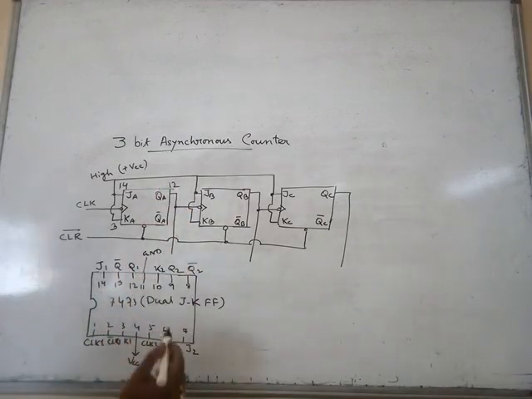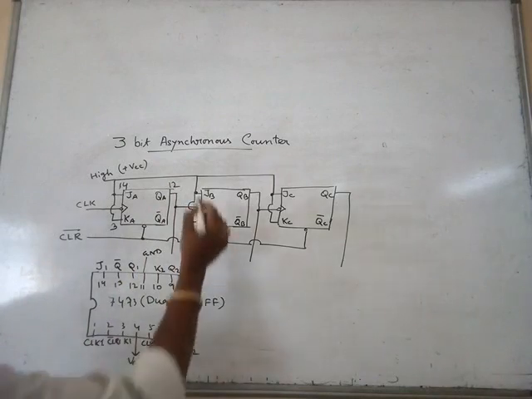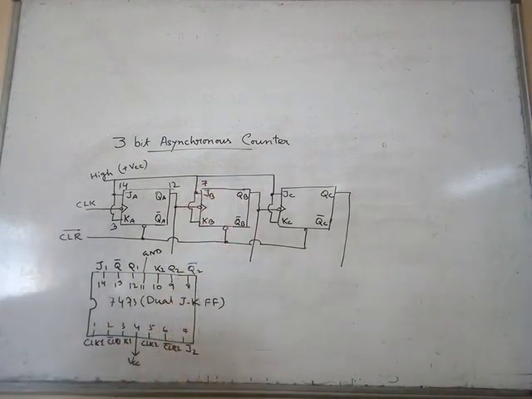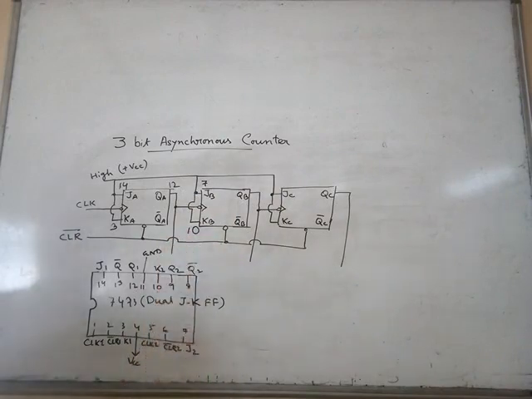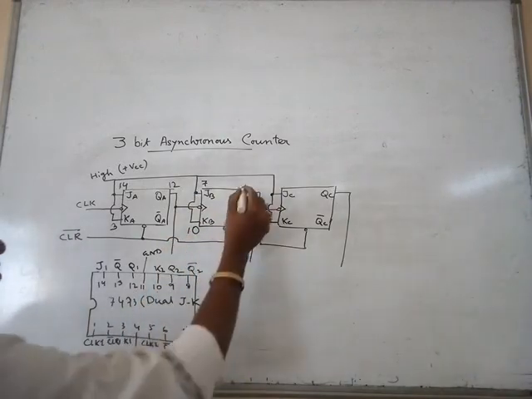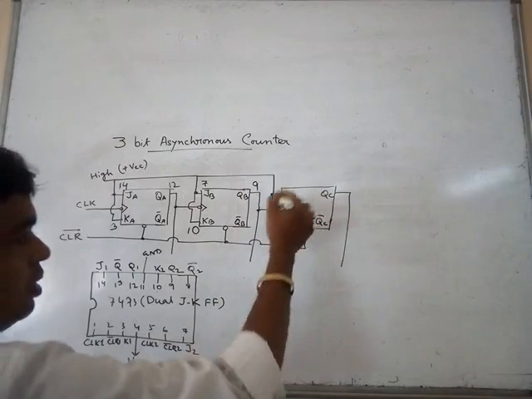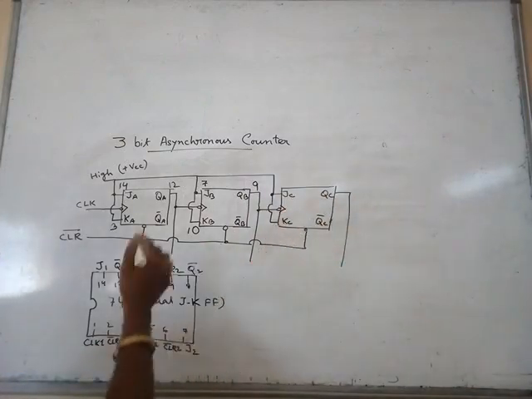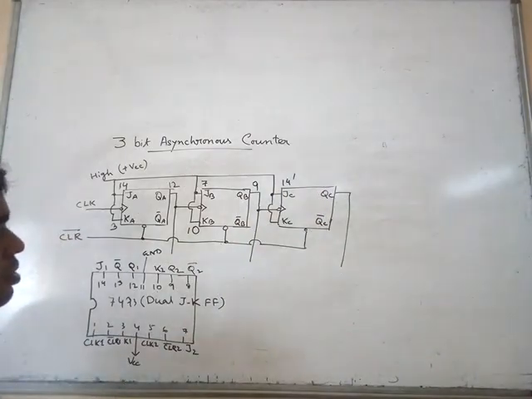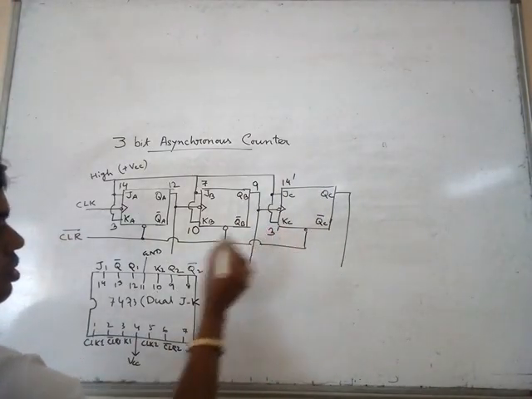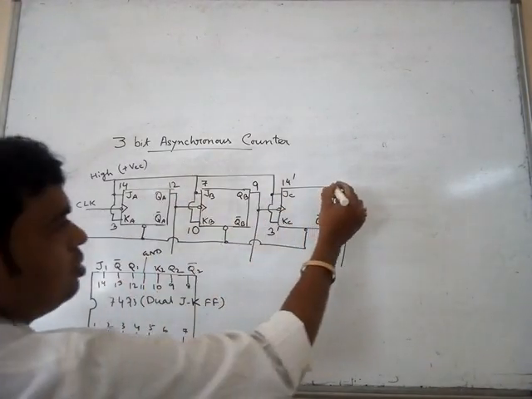Next JB, that is J2, 7. KB, that is 10. QB, that is 9. For the next IC, we have to give the pin numbers with a dash: 14 dash, 3 dash, and 12 dash.